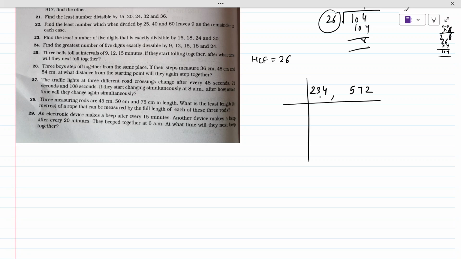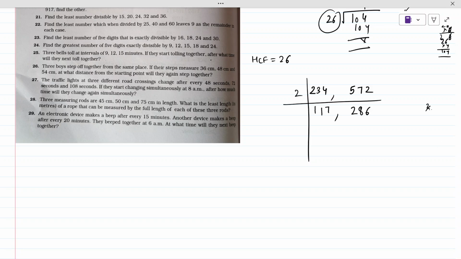Let's start with 2 here. 2 into 117, 2 into 286. Right? And again, we can do this with 3, but 286 we cannot do with 3. So we have these numbers here, 117 and 286.